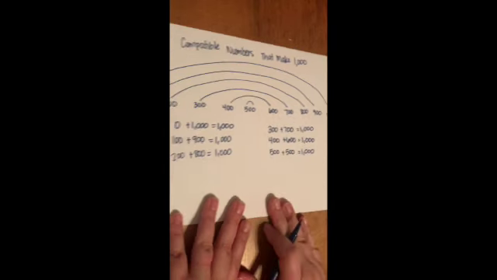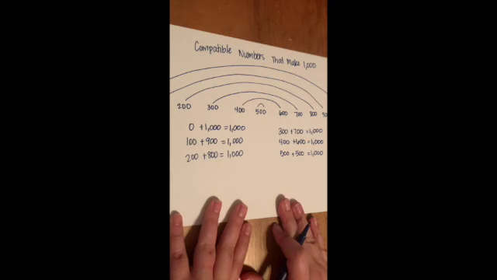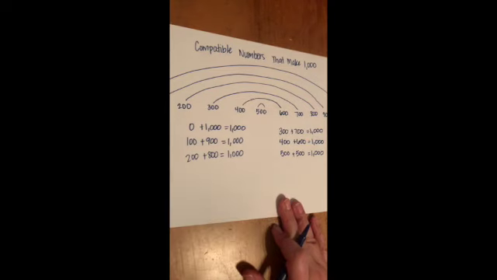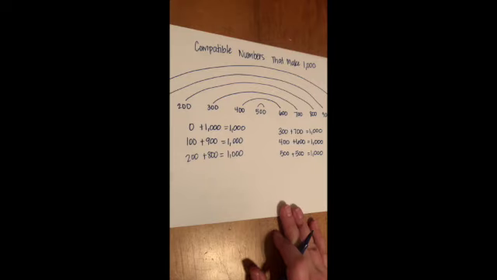So we have found compatible pairs that will go all the way to 1,000. We've just followed the same pattern over and over again, and we see that we can find our compatible numbers to make 10, to make 100, and to make 1,000.